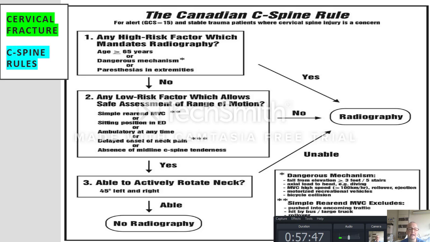If they've had a simple rear-end motor vehicle accident, if in a sitting position in the emergency department, ambulatory at any time, delayed onset of neck pain, absence of midline C-spine tenderness.